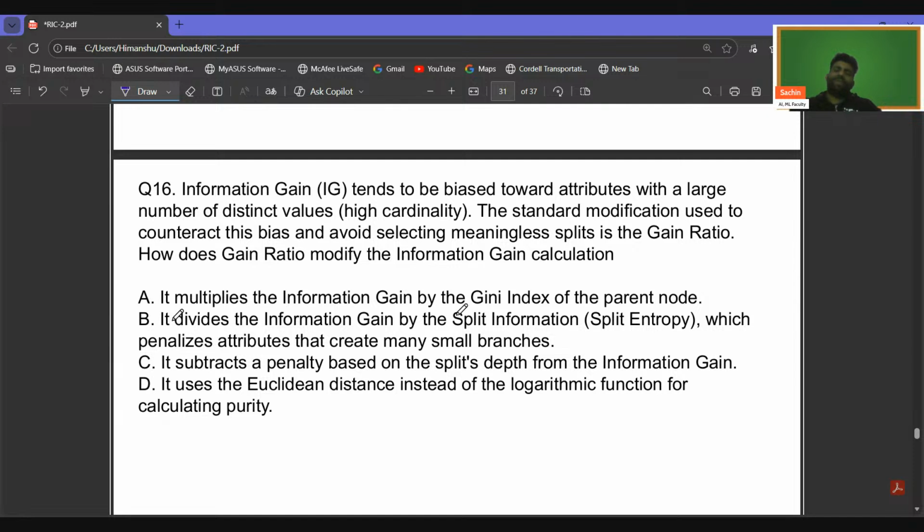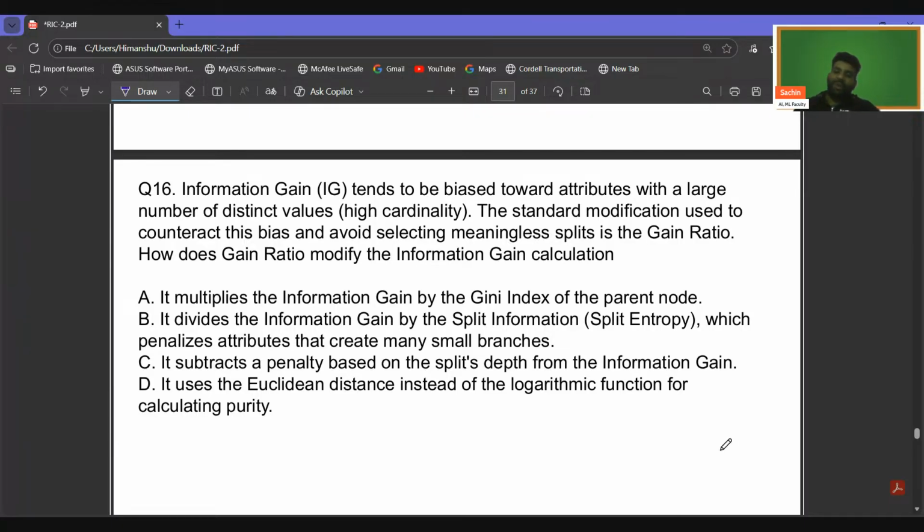Information gain. Now this is interesting. Information gain tends to be biased towards attributes with a large number of distinct values, high cardinality. The standard modification used to counter this bias and avoid selecting meaningless splits is gain ratio. Now, how is this gain ratio calculated?